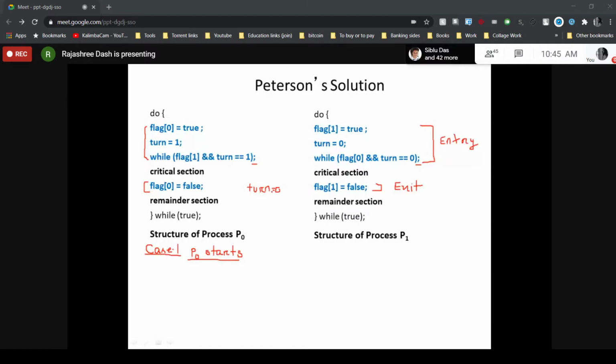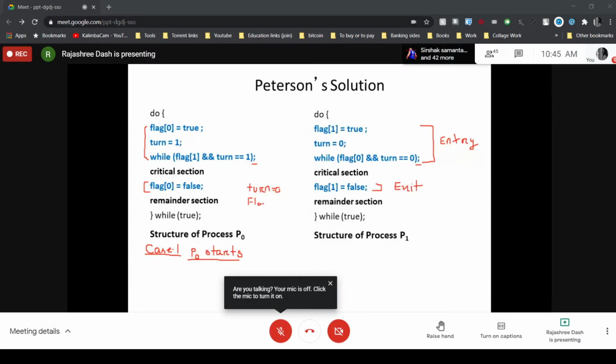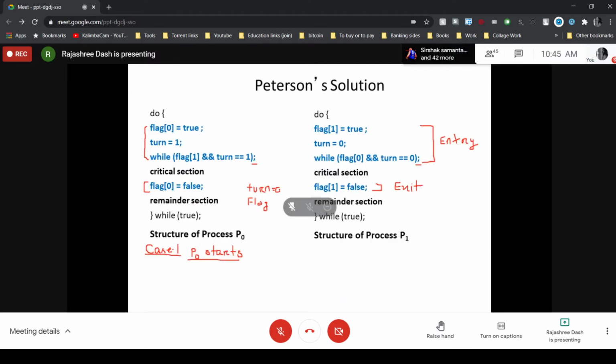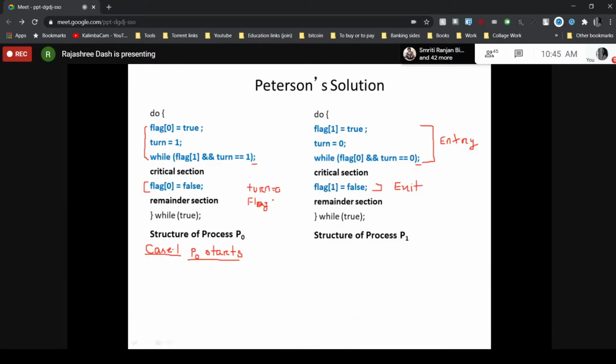And there is your flag, which is a Boolean array. As there are 2 processes, the flag size is 2. Already I have told you. This is the 0th index, this is index 1. The values stored here are initially, let us assume, false.